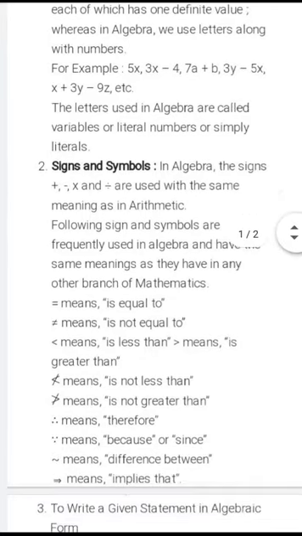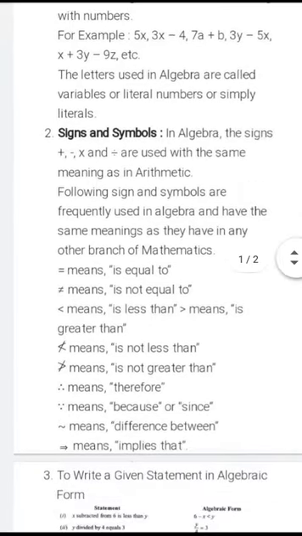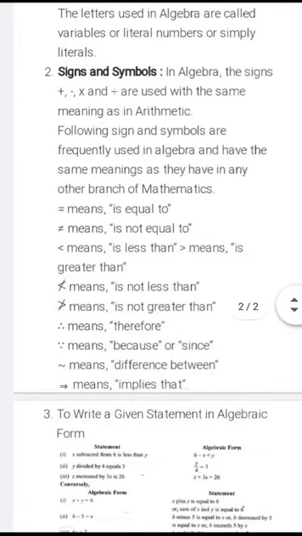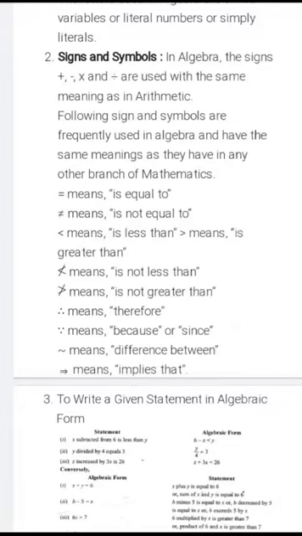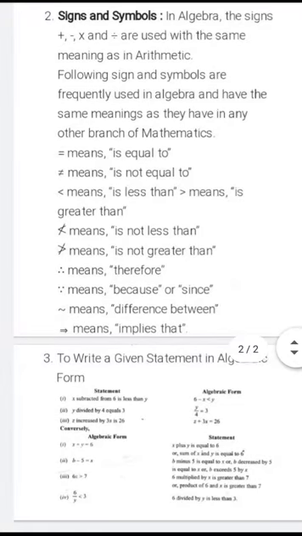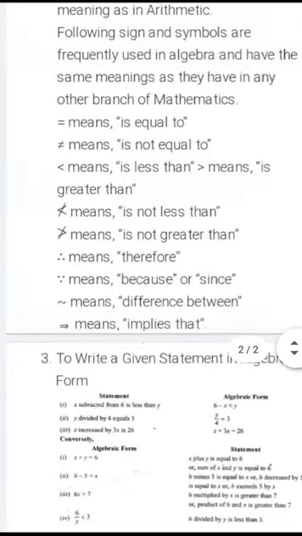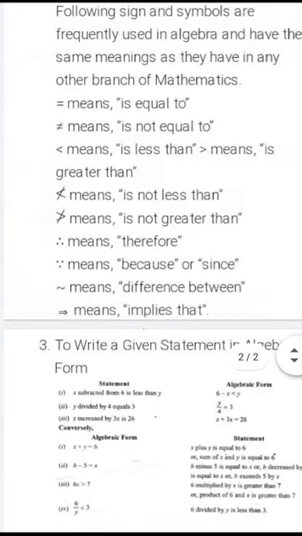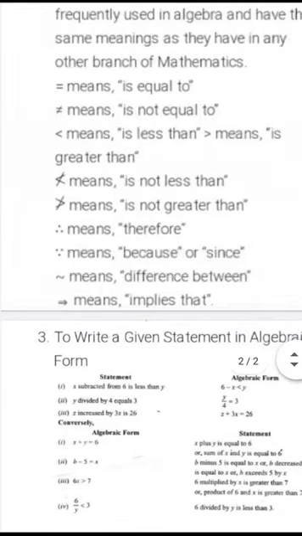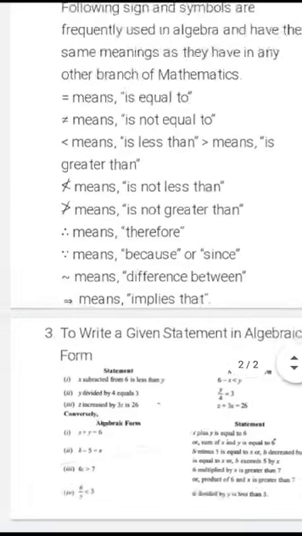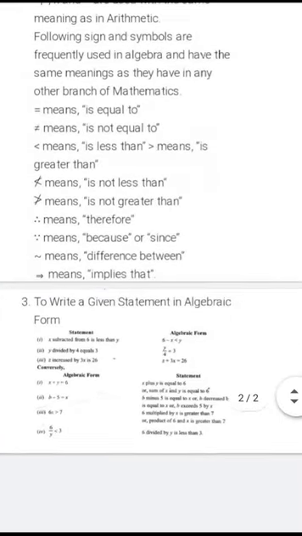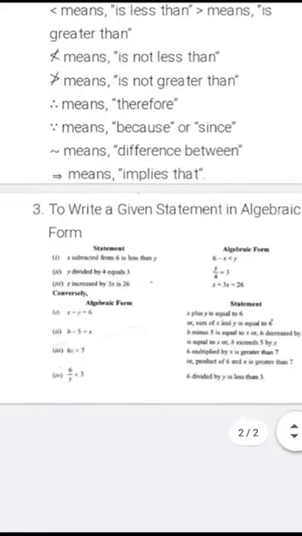Here we also use some different symbols: equal, not equal, less than, not less than, greater than, not greater than, therefore, three dots mean therefore. Another three dots mean because, difference between, and then means implies that. These are some symbols we also use here.